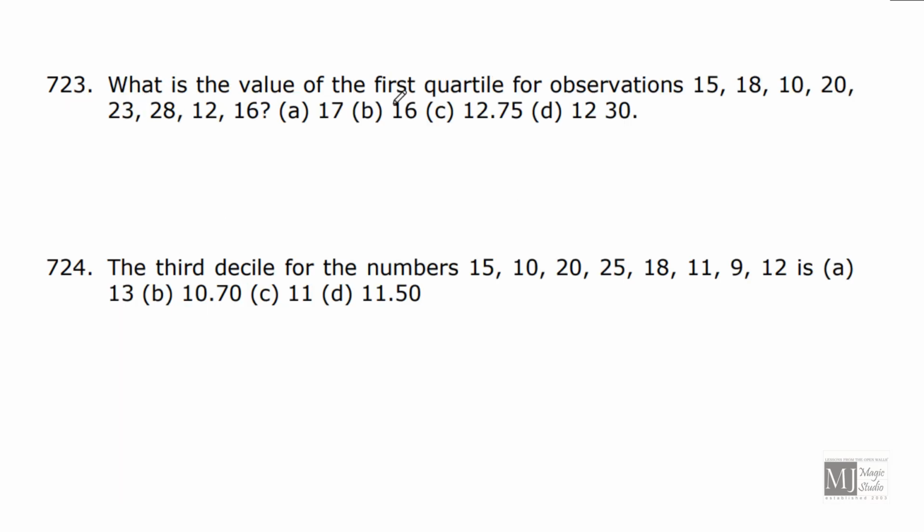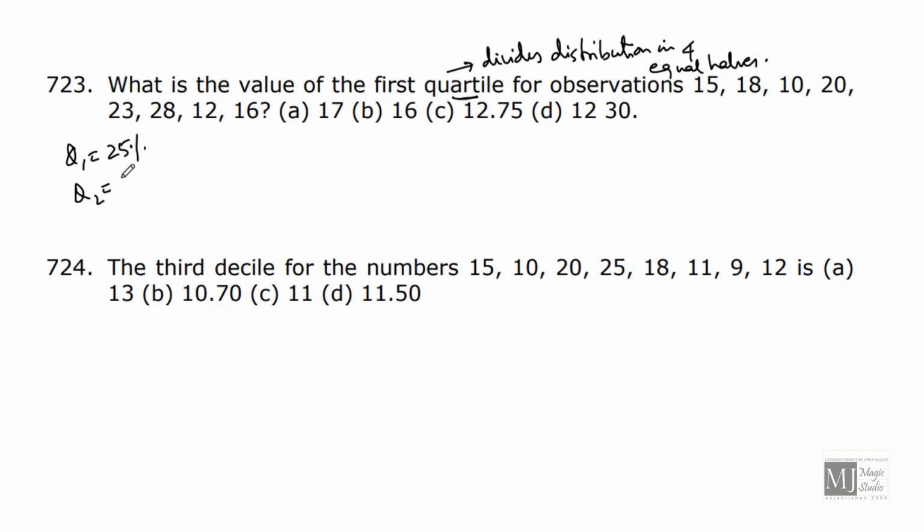What is the value of the first quartile? Now what do you mean by quartile? Quartiles divide the distribution into 4 equal parts. That means the first quartile would be dealing with 25% of the distribution.